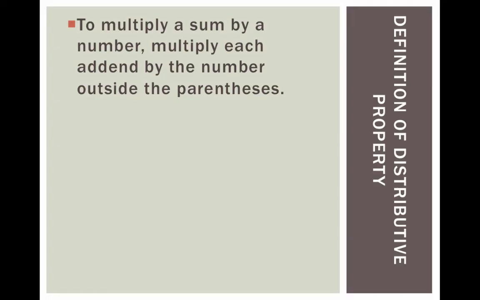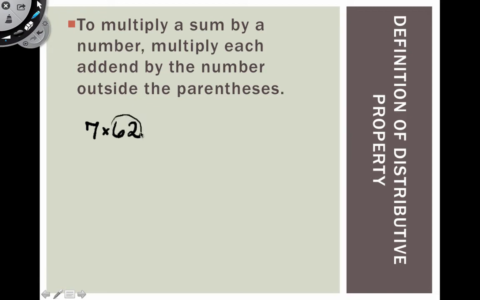So now we have the definition of distributive property, which is probably going to make more sense than if you saw the definition first. The distributive property means to multiply a sum by a number, multiply each addend by the number outside the parentheses. For example, if we wanted to solve something like 7 times 62, we can make that 62 into a sum of a number like 60 plus 2.